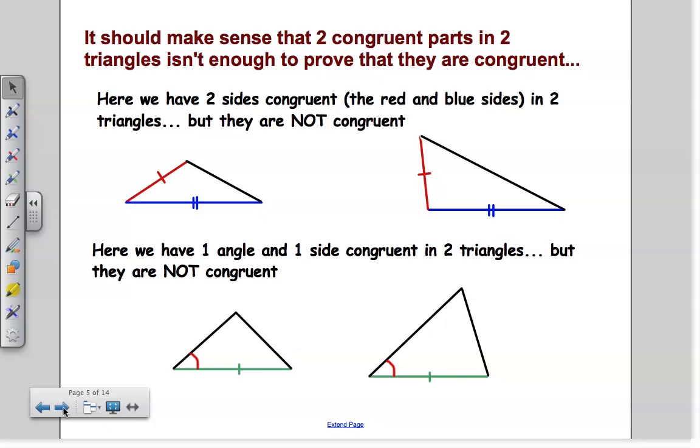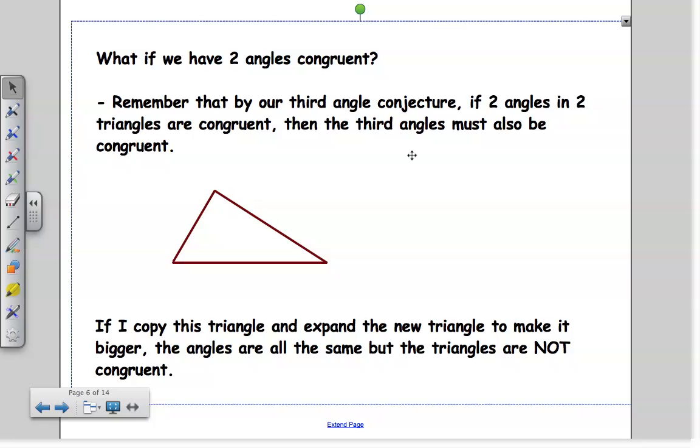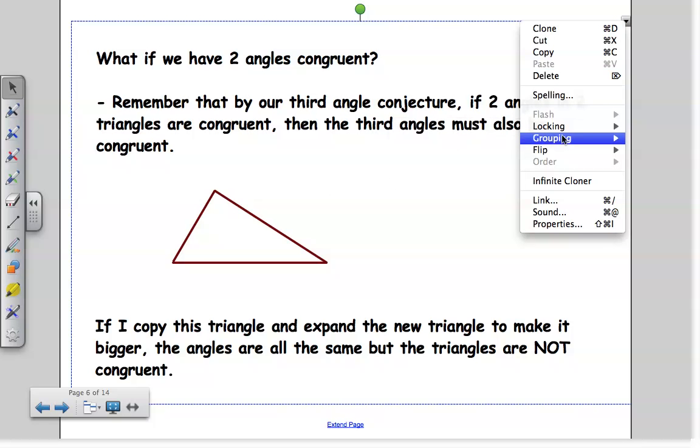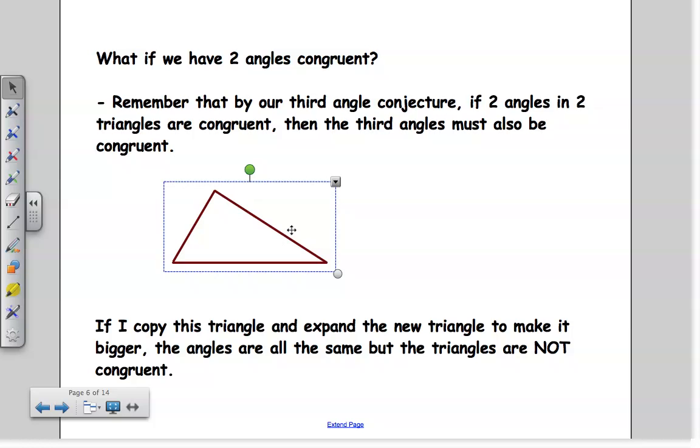What about two angles? Because we talked about yesterday, by the third angle conjecture, if two angles of a triangle are congruent to two angles in another, the third angles are also. Let me ungroup this. If I just take this triangle, I'm going to copy and paste this.